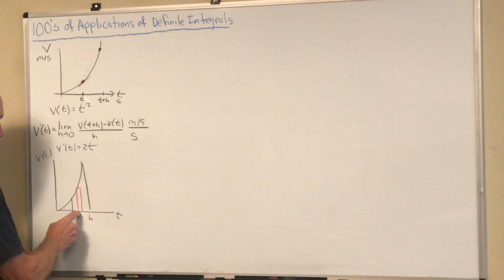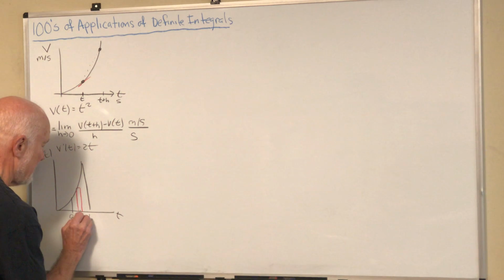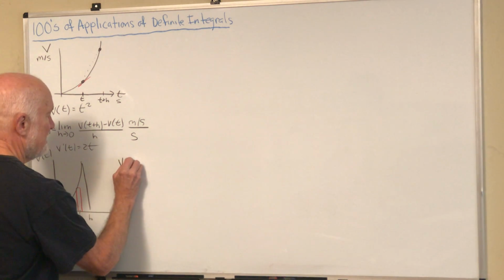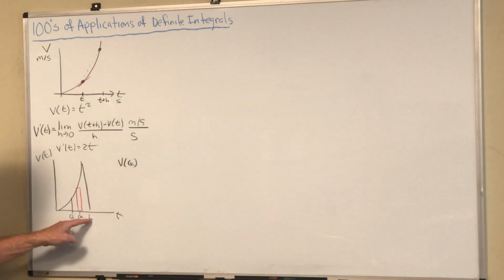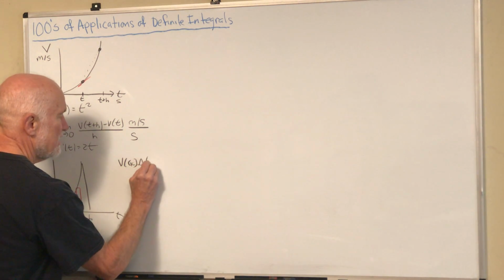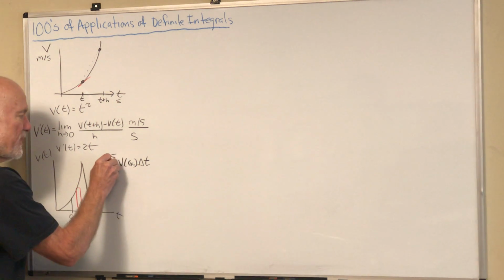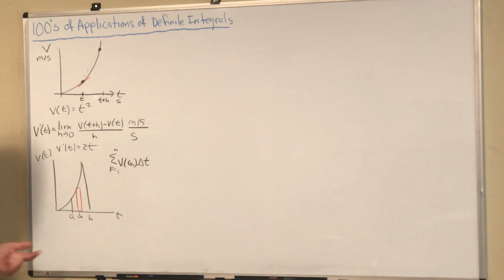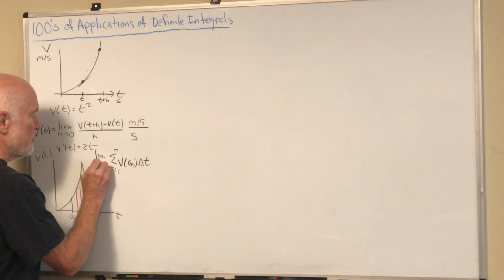And we did it by picking a value in here called a time period called c sub k, and we multiplied the velocity at that time, the dependent variable, times the change in time, the change in the independent variable. And then we added them all up. And then, to make it perfectly accurate, we took the limit as n approaches infinity.